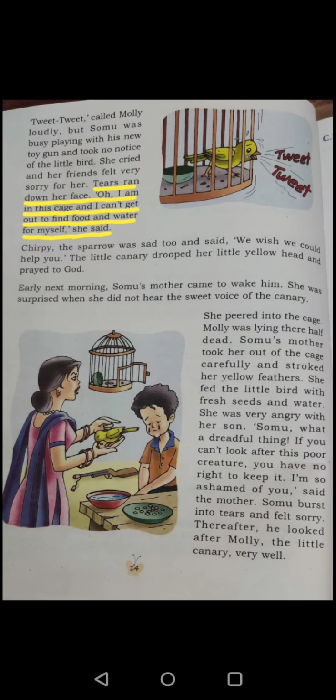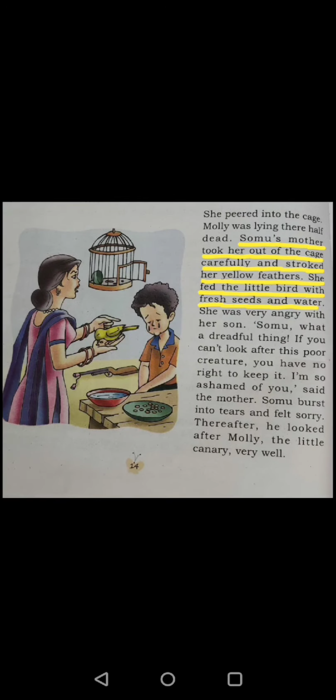Question number 4. What did Somu's mother do after she took Molly out of her cage? Children, on page number 14, you have read these lines. Somu's mother took her out of the cage carefully and stroked her yellow feathers.